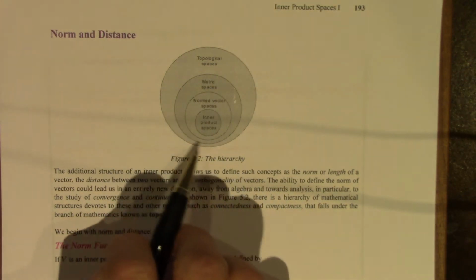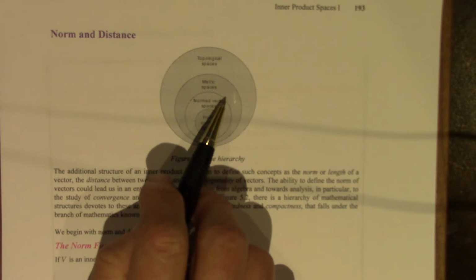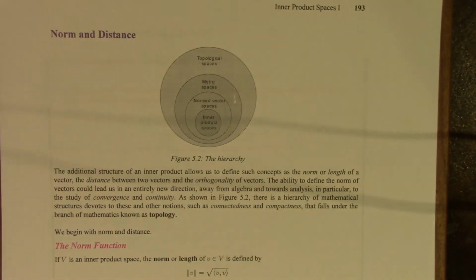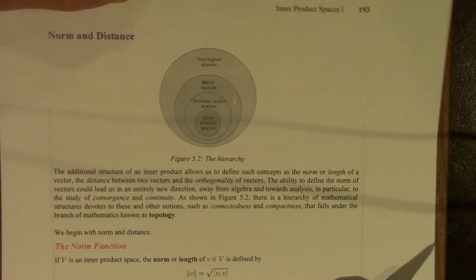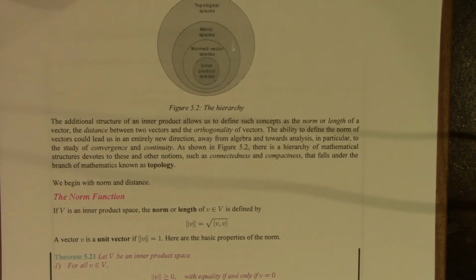Within the family of topological spaces, we find mathematical structures known as metric spaces, and those are mathematical structures that are non-empty sets that have a distance function defined on them. Not all topological spaces have a distance function. A distance function is also called a metric. Metric spaces are topological spaces, but they're very special types.